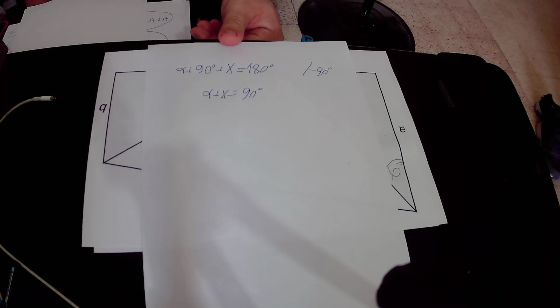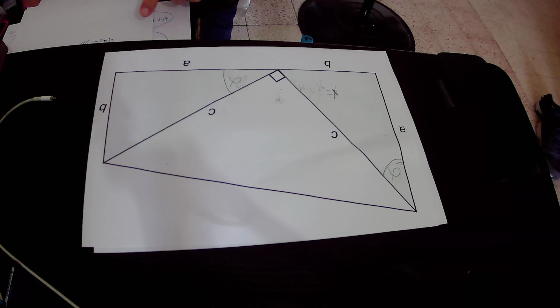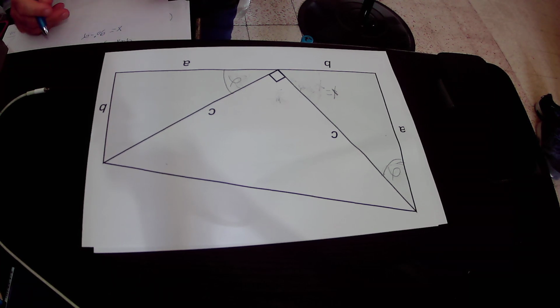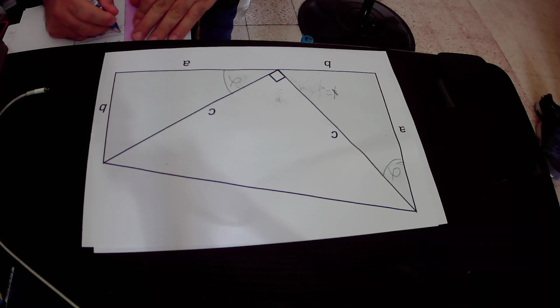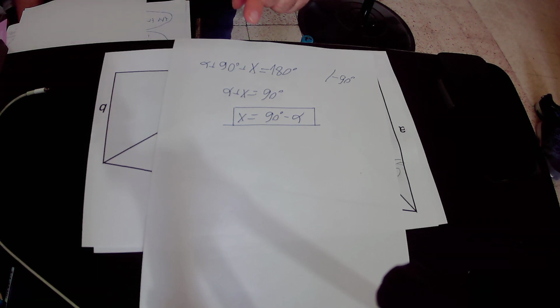Now we will deduct alpha from both sides of the equation, and we will get that x is equal to 90 degrees minus alpha.